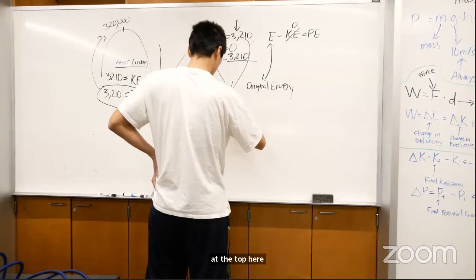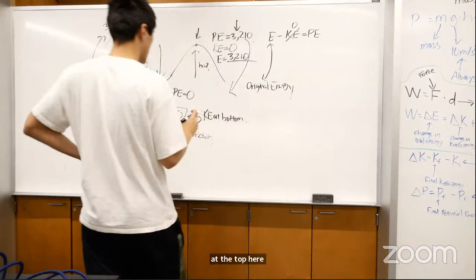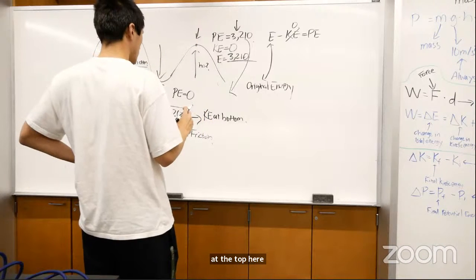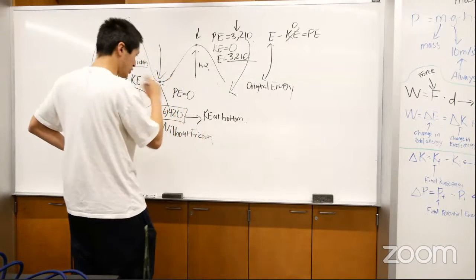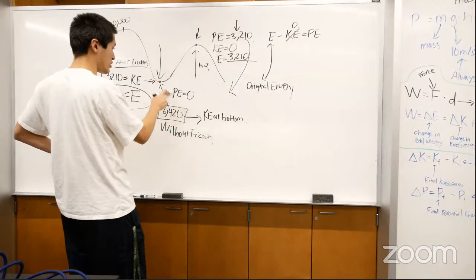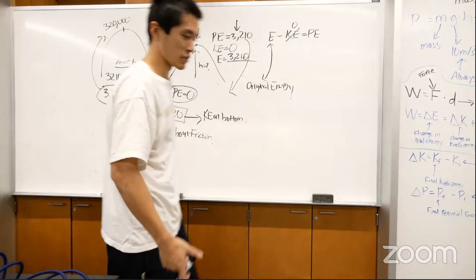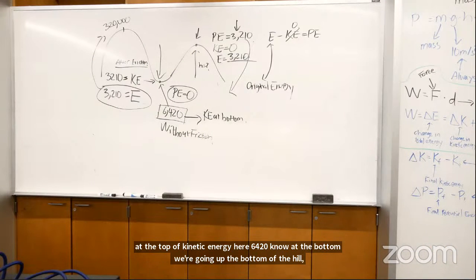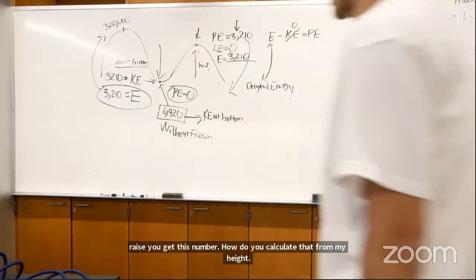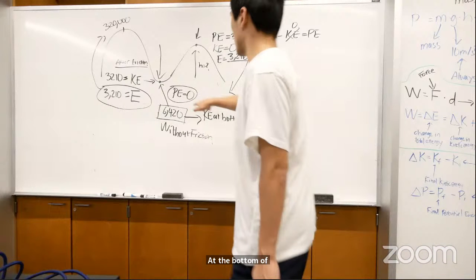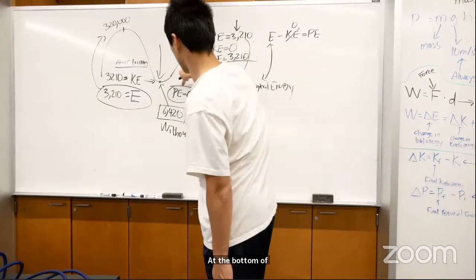From my height at the bottom of the hill. Okay, so the height at the bottom of the hill is 0, so our potential energy is 0. But how did you figure out our kinetic energy though? Can you repeat that again? I know you said we got it from our height, and we know that our height at the bottom of the hill is 0.